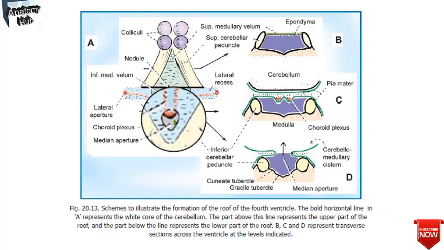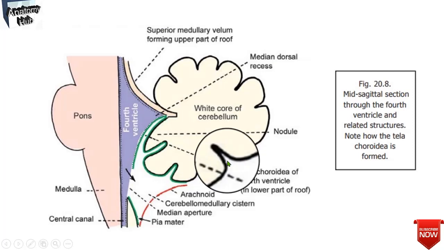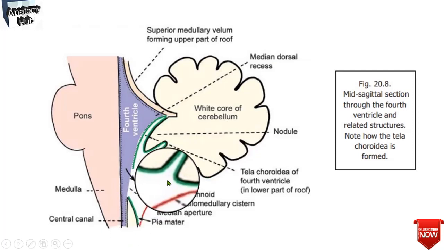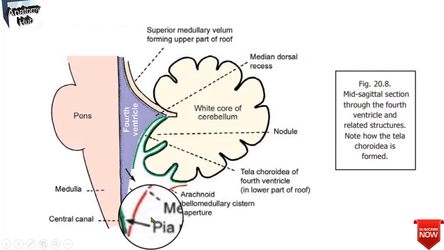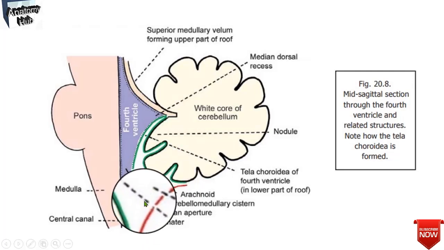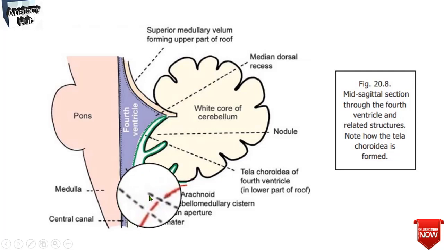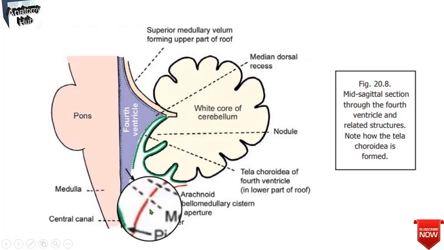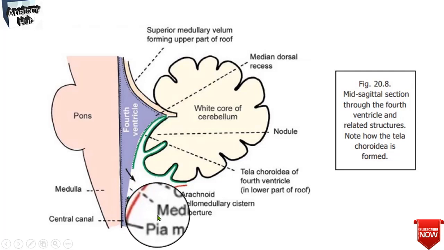The inferior medullary velum forms a small part of the roof in the margin and in the region of the lateral dorsal recess. Note that some authors also describe the entire membranous structure forming the lower part of the roof of the fourth ventricle as the inferior medullary velum. The nodule is intimately related to the roof of the ventricle in the region of the median dorsal recess.